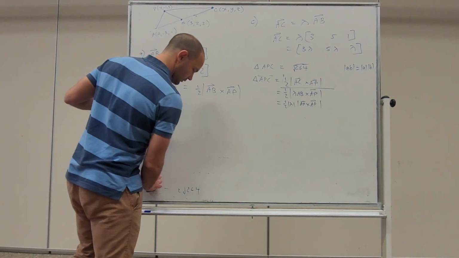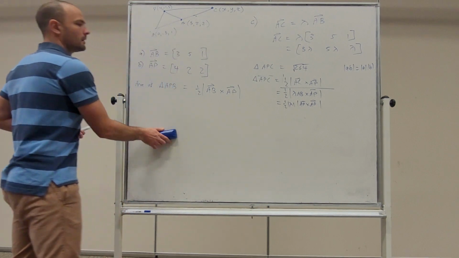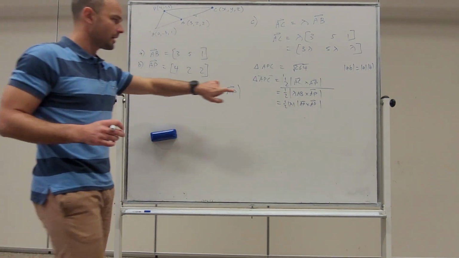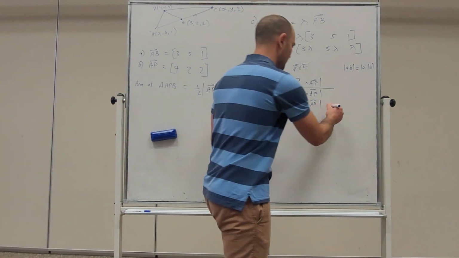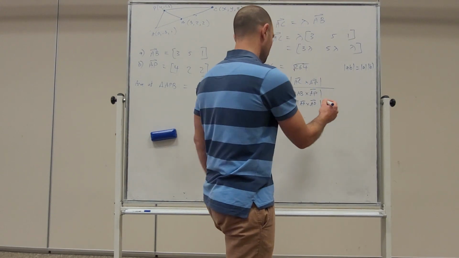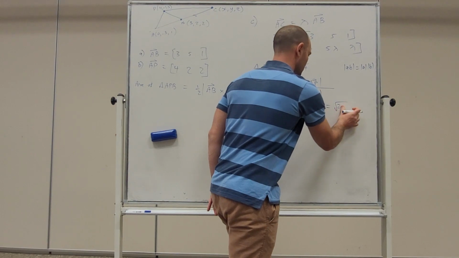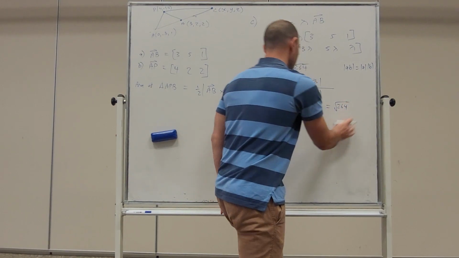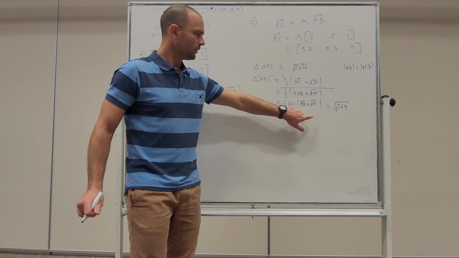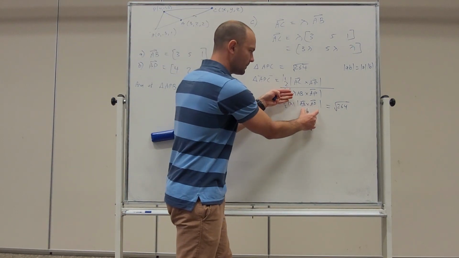So I'm going to clear this too. All right, so we have the area of this triangle is equal to the square root of 264. We also know that it equals lambda times half AB cross AP.